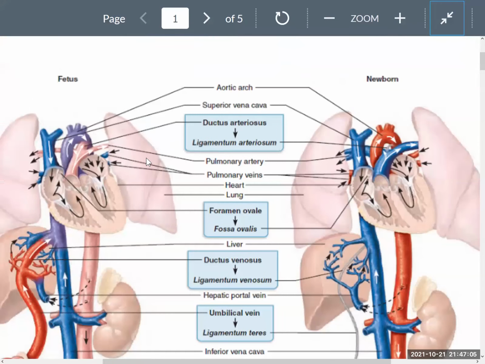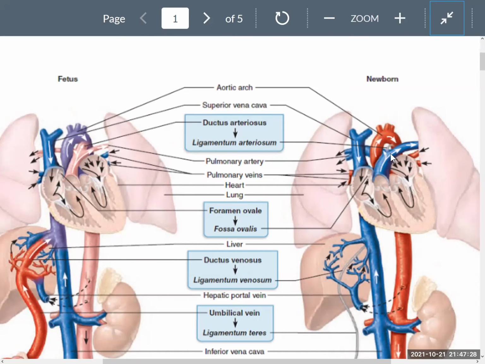And at birth, what happens is that the ductus arteriosus, this one, collapses right at birth. Okay, and forever thereafter is scar tissue called the ligamentum arteriosum. That's over here. There's always that piece of scar tissue.